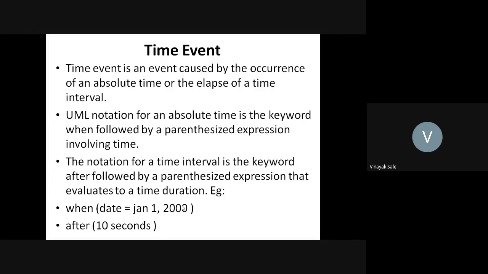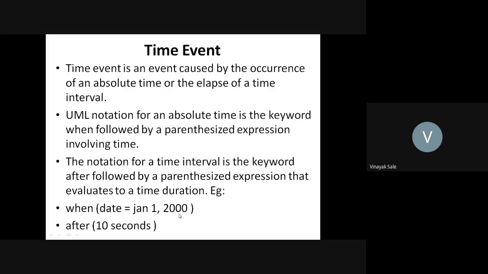it may be 1st January or it may be 2nd January. It depends on the time. At what time after 10 seconds? That is the current time. Suppose the current time is 11 o'clock in the morning, then the same date will be displayed.